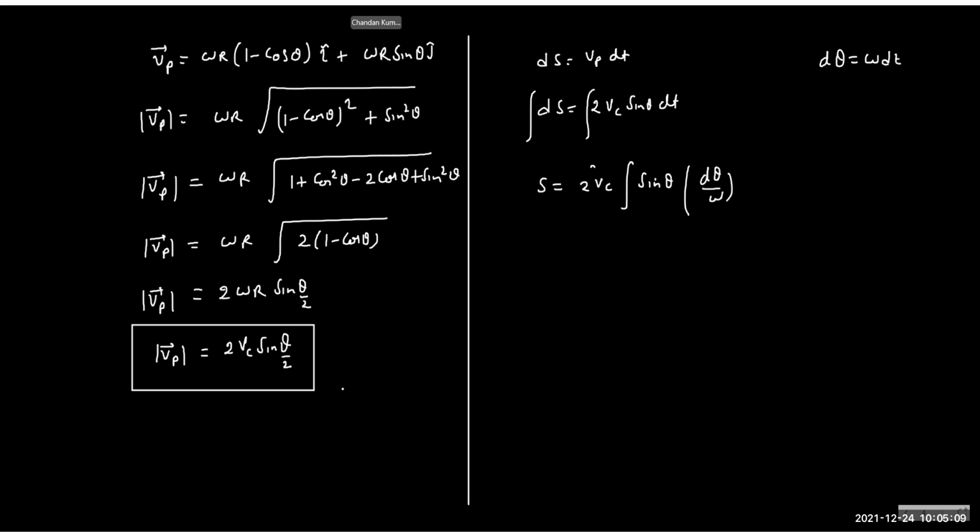So now the answer is 2Vc by omega, sine theta by 2 d theta. This integration is not difficult, because theta will go from 0 to 2 pi. And Vc by omega is what? R. Correct.